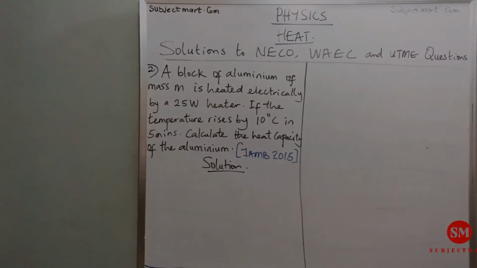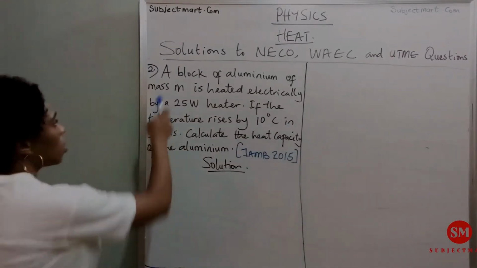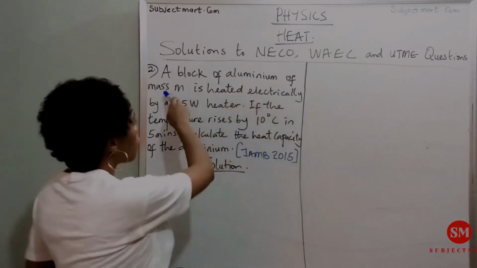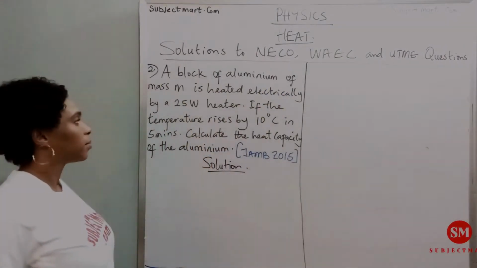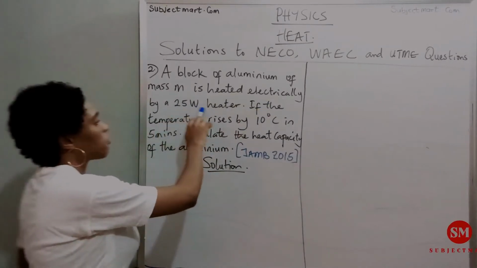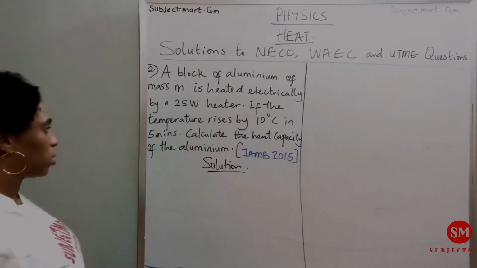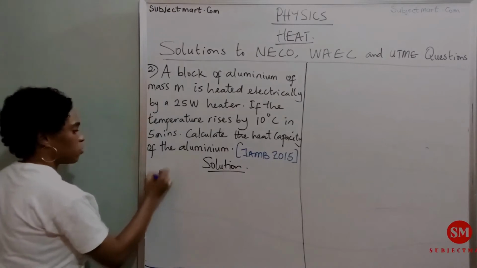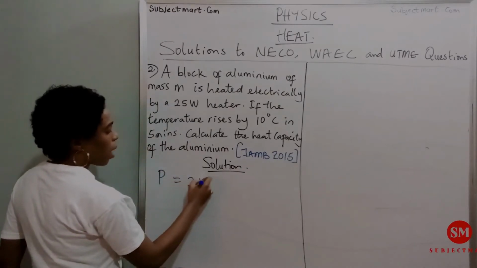The second question here says, a block of aluminium of mass M is heated electrically by a 25 watt heater. That 25 watts is the power.